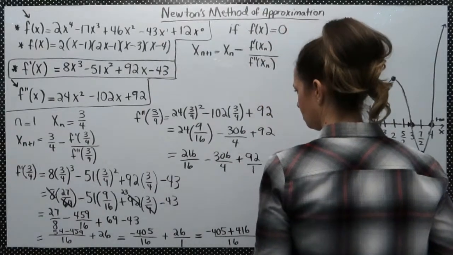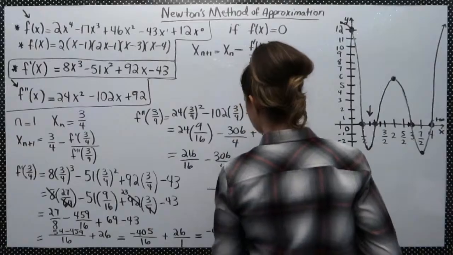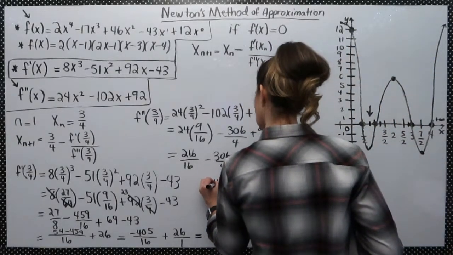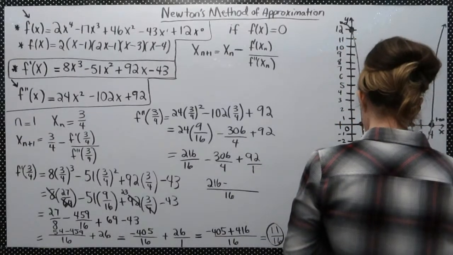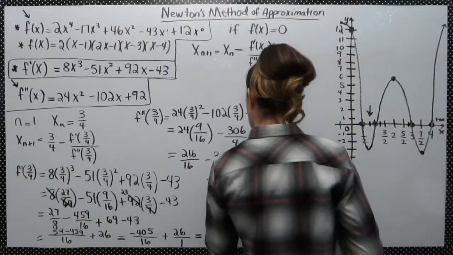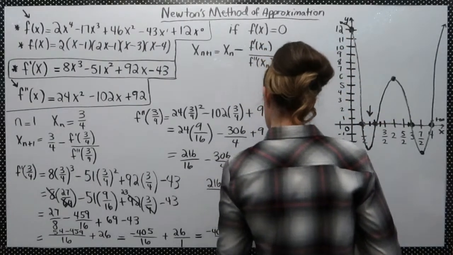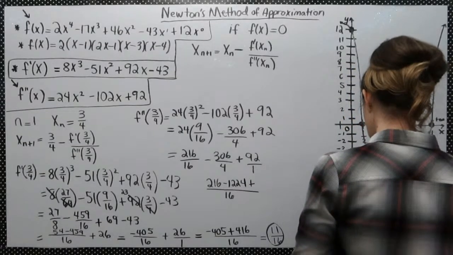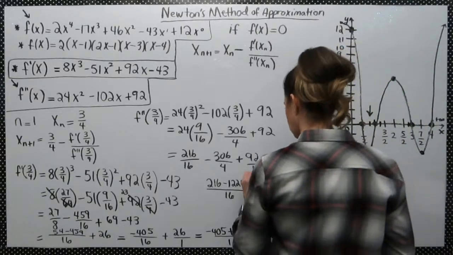I say we'll just get a common denominator of 16 and we'll simplify it later. So this is going to be 216, 306 times 4 is 1224, plus 92 times 16. Just adding these fractions, 1472.